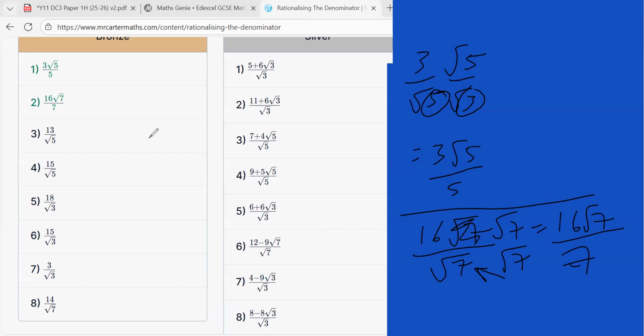Then you simplify the denominator: square root 5 times square root 5 is 5. And then you rewrite the expression as 13 square root 5 over 5. Yep, well done. It can get confusing with all the square roots, so well done.